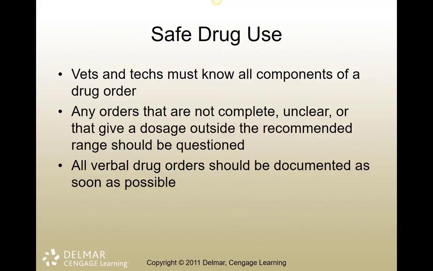You need to know all the components of the drug order, and drug orders that are not complete, unclear, or it seems like the dosage or the amounts are outside the recommended range, should be questioned and should be through closed loop communication. If I say, I need 12 milligrams of epinephrine drawn up for this animal in cardiac arrest, you need to say, are you sure you're needing 12 milligrams of this drug?